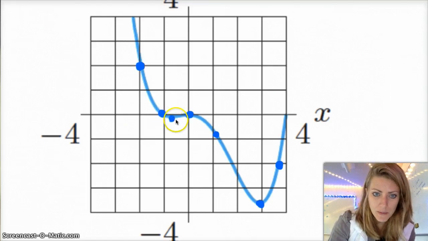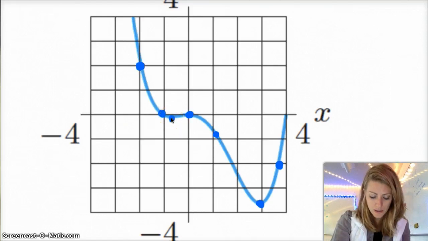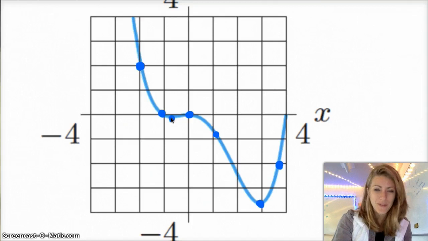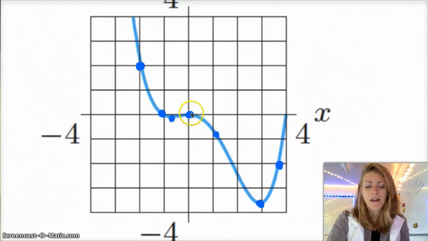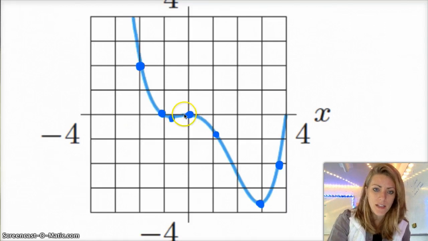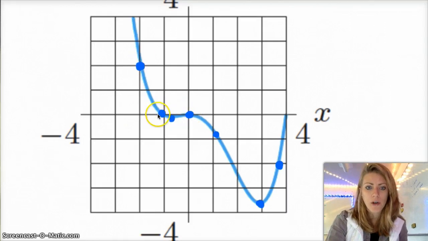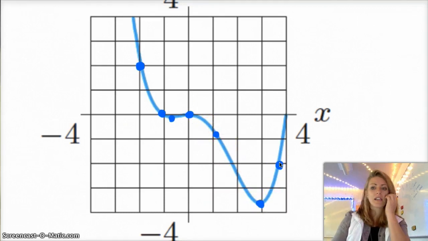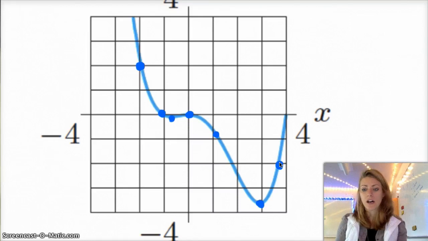I picked this point here because it looks like the slope is really close to 0. Here again, the slope is close to 0, but it's increasing here. So I've got a negative slope, and then I change to a positive slope, and then I have a 0 slope here, and then a negative slope, and then a 0 slope, and then a positive slope. Basically I wanted to pick some points that would be helpful, like the turning points.